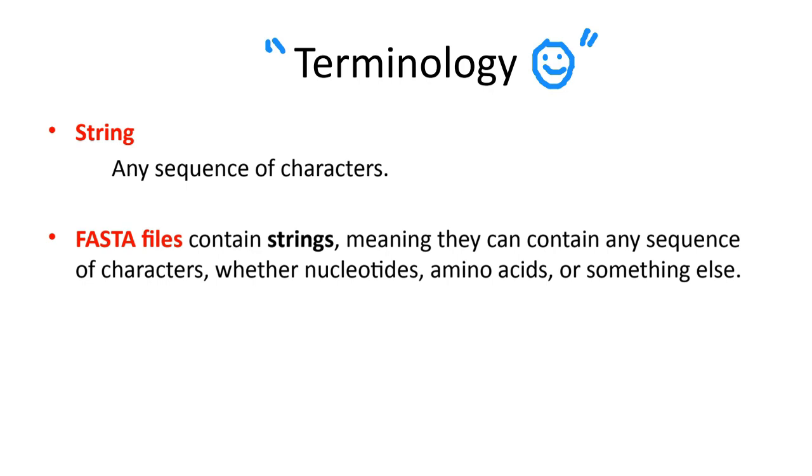I bring that up because there are some file types we will be working with in here, and the FASTA file type is the most common file type in biology. And FASTA is a type of file for storing strings, sequences of characters. That makes sense because a lot of things you're looking at in biology essentially are sequences.